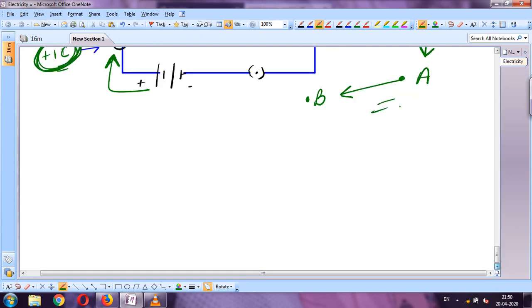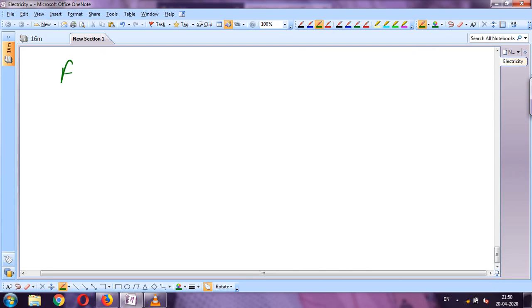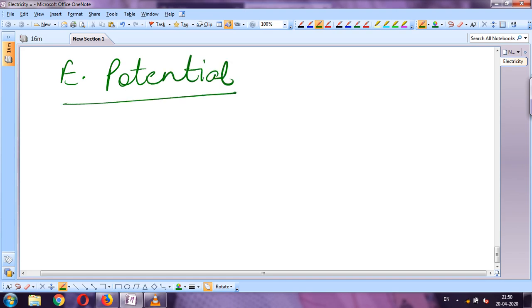Okay. After that, what will be electric potential in that case? Let us see this. So electric potential, in the same way like we defined potential difference, we can define electric potential also.